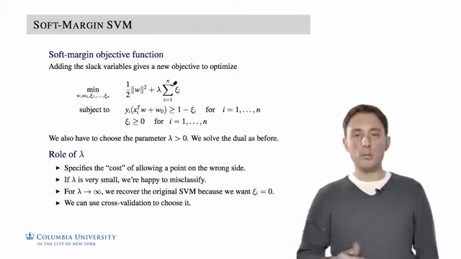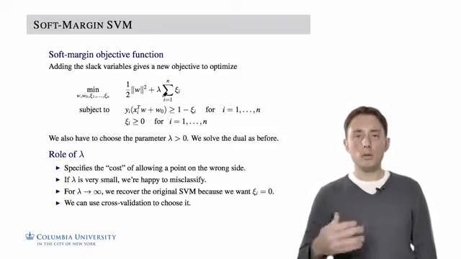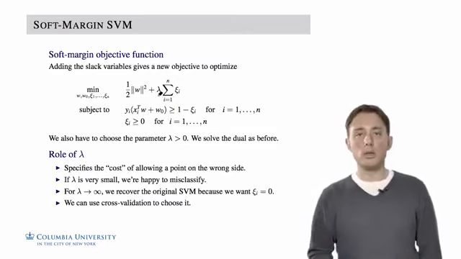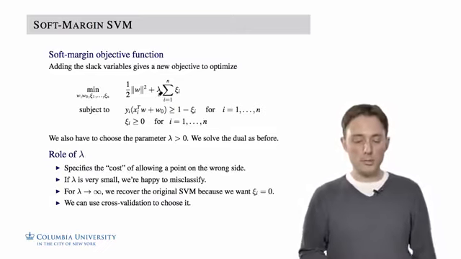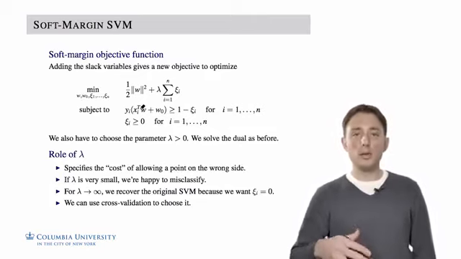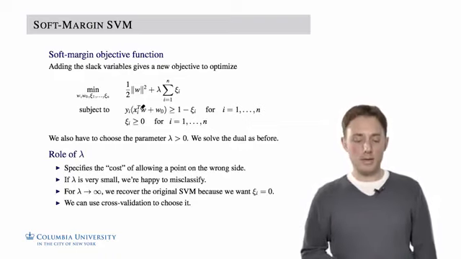This sum is going to be a positive number, and we pre-multiply that by some regularization parameter lambda that says how strictly we're going to enforce linear separability. And we also modify our constraint by subtracting psi i from the ith constraint in order to potentially allow the ith data point to be misclassified.